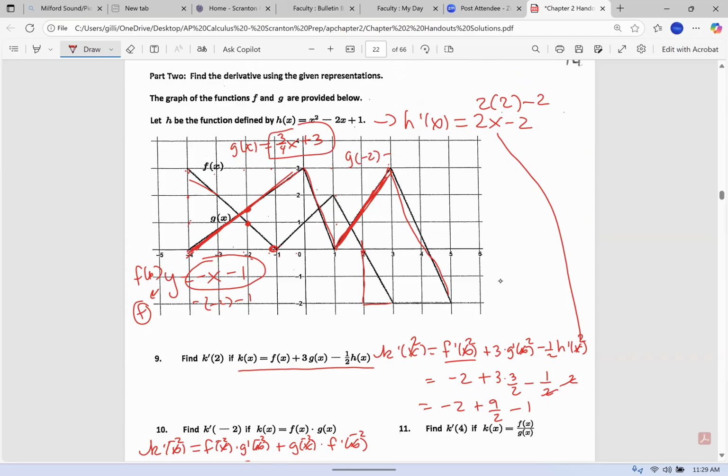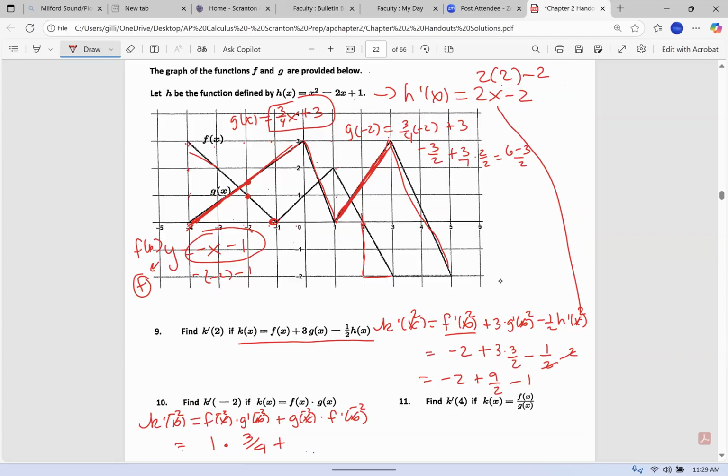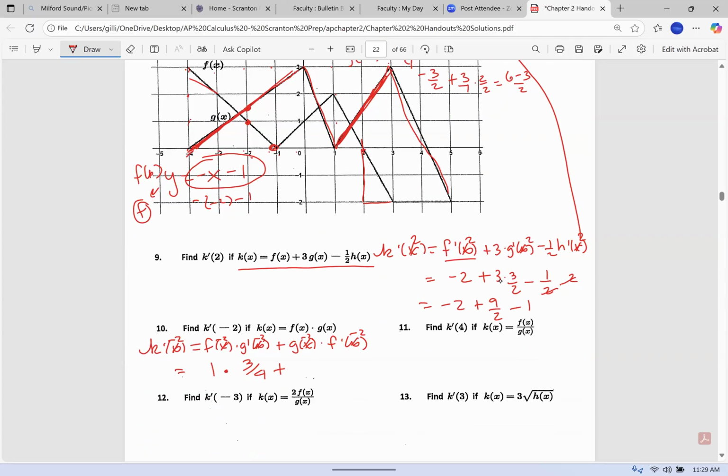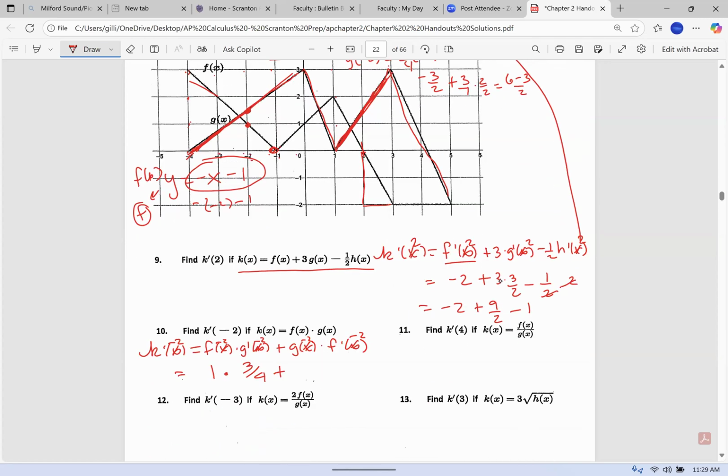So g at negative 2 equals 3/4 times negative 2 plus 3. And that reduces to negative 3 over 2 plus 3, times this by 2 over 2 to get a common denominator. 6 minus 3 is 3, so that's 3/2, right? So that's going to be positive 3/2. And that seems about right, like 1.5. So I'm pretty good with that.